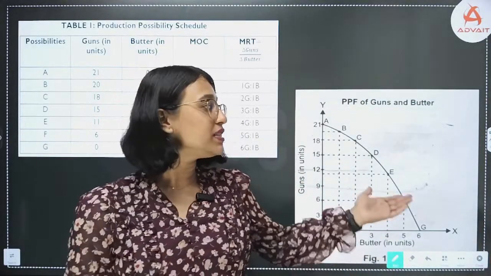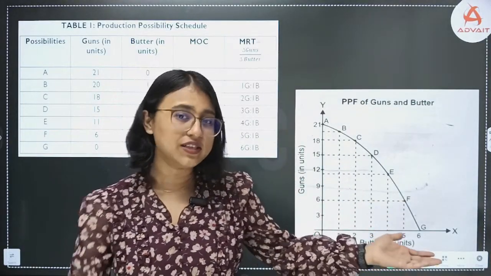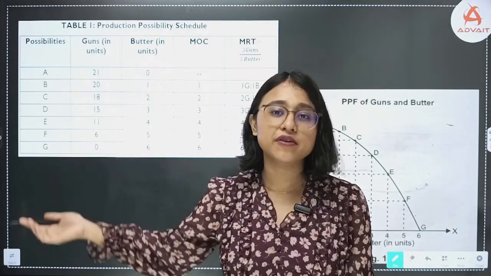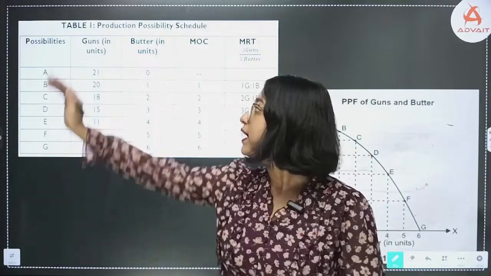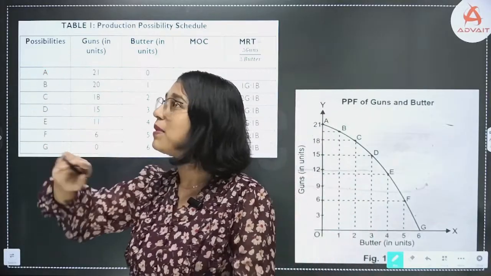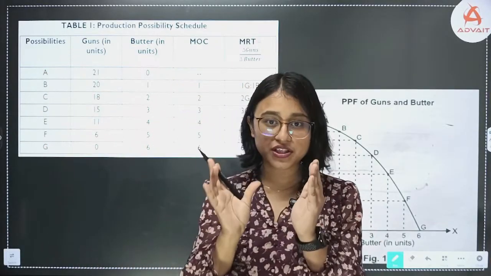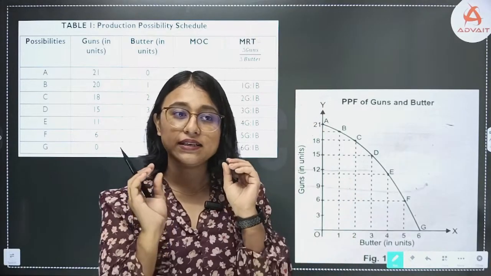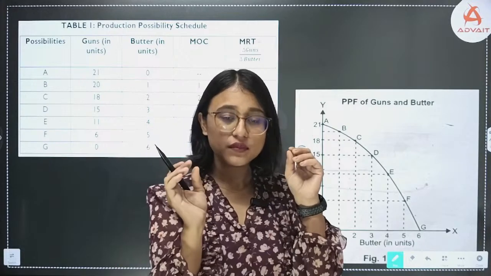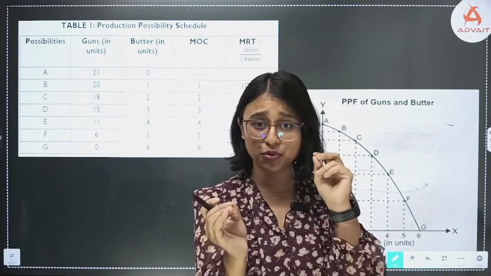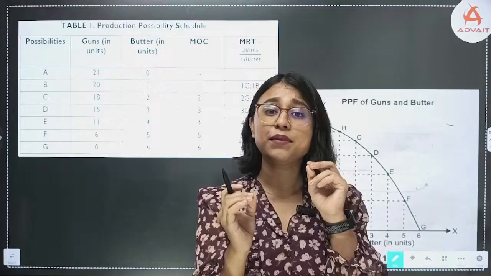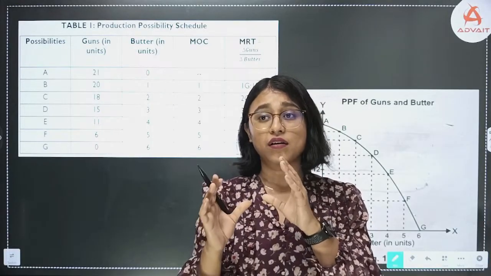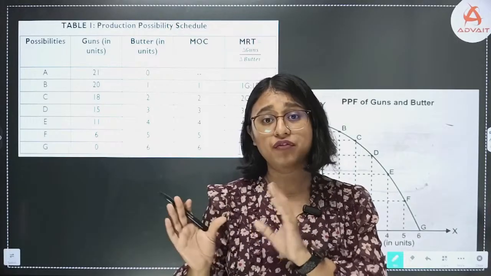Now let's understand the genesis, or a more in-depth understanding, of the production possibility curve. And this is the production possibility curve. And this is the production possibility schedule. What does schedule mean? Nothing but a tabular representation of the same thing. If we are given a fixed amount of technology or resources, and we produce the maximum of two goods in an economy, then we get combinations in which we can produce fixed amounts of goods.